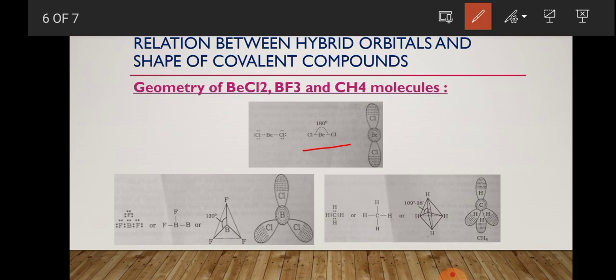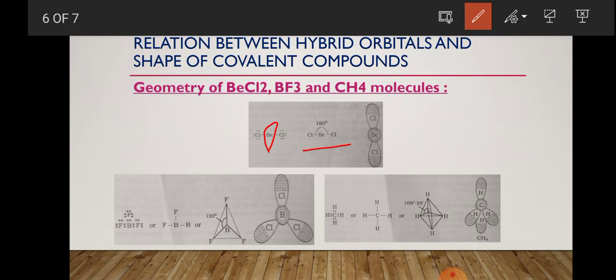In beryllium chloride, the valence shell of the central atom, that is beryllium, contains two hybrid orbitals.